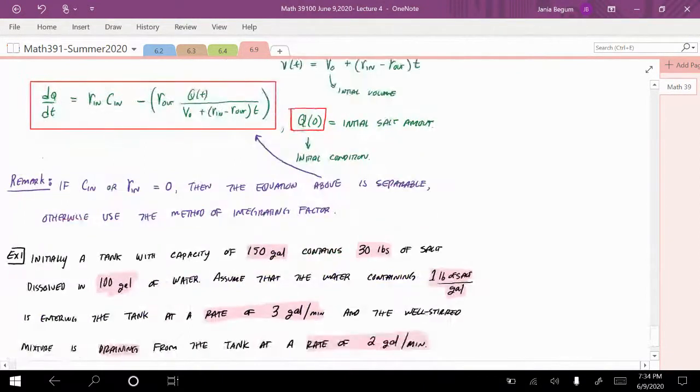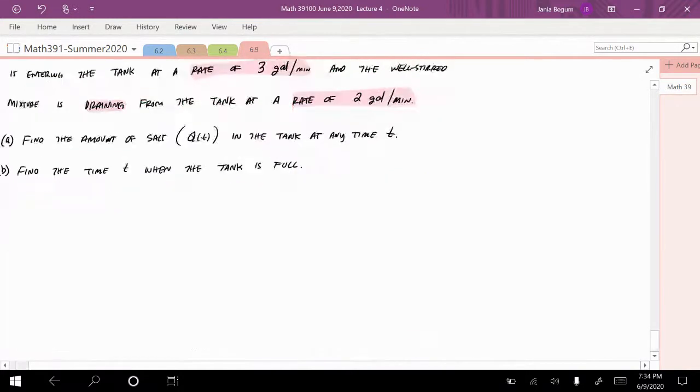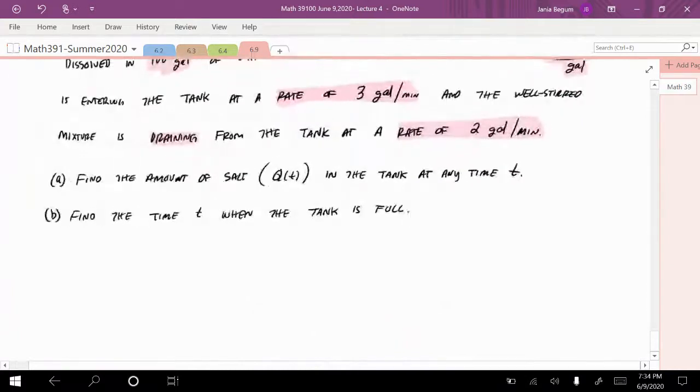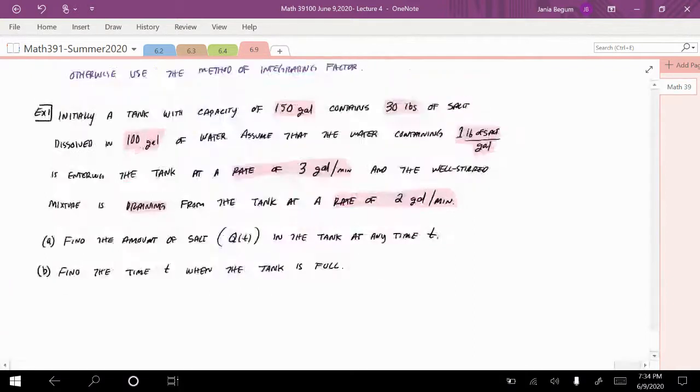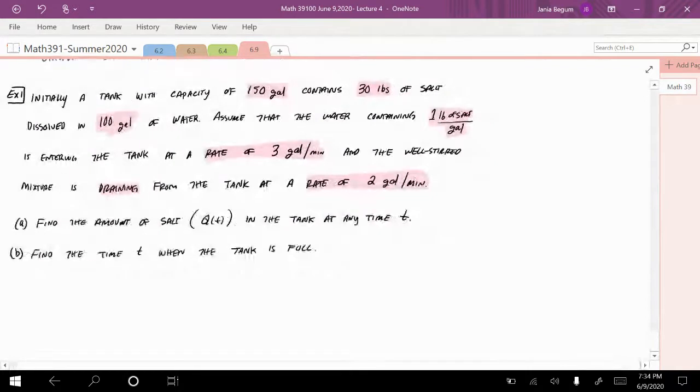Because when time is 0, right? That's weird to say when time is 0, but I hope you guys know what that means. When you're starting, the starting point, you already start with 30 pounds of salt that's already dissolved in the water. So it's already sitting there when we just started this process. So that 30 pounds of salt is our initial amount. So initially we have 30. I'm going to ignore the units, but pounds, right? Q is always in pounds.